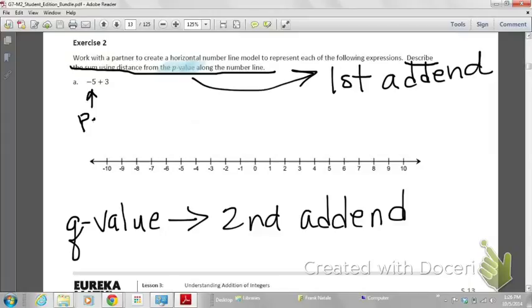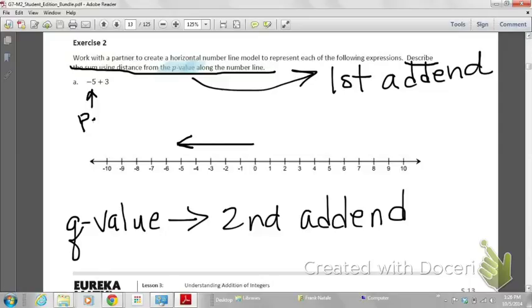So here we go. We have negative 5, and again, we're going to start at the 0. We're going to go to negative 5. I'm going to use the vector arrows. So we have negative 5, that's our p-value. P-value negative 5, and then we are going to add 3, because we're going to sum 3.